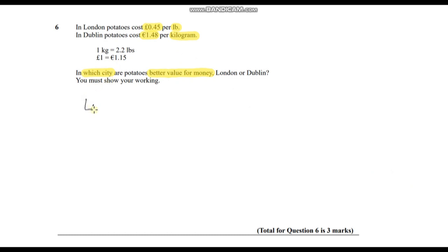So London is 45 pence per pound, or 0.45 pounds per pound. Now let's look at Dublin, but let's convert the kilograms into pounds. So how much does it cost in Dublin? Well, let's just first of all copy it out.